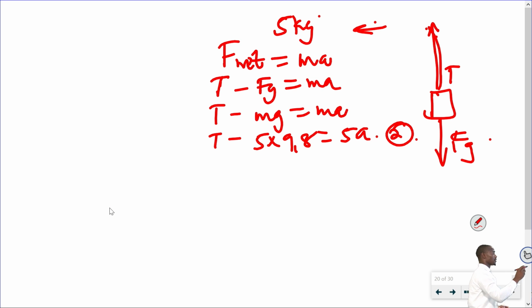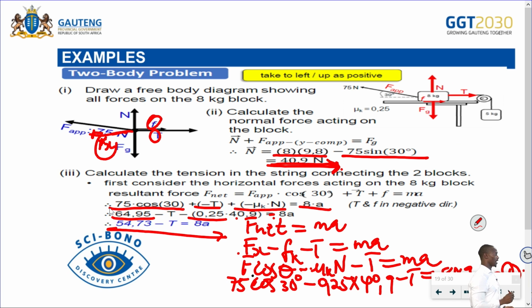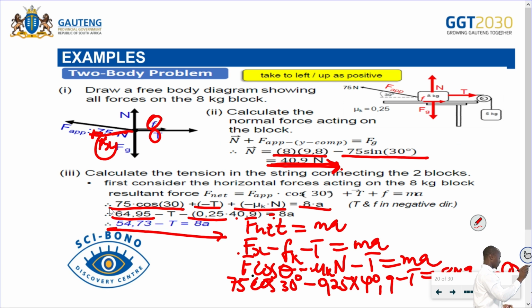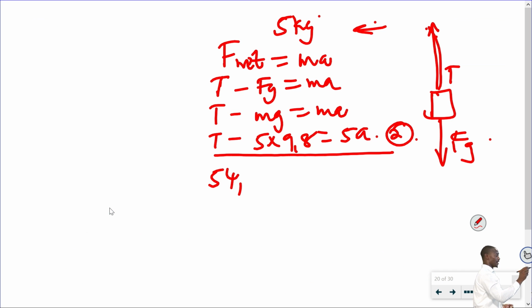So let's do this. So for the 5 kilogram, I'm having this. Okay? And then for the other one, I'm having 54.7 minus t equals 8a. So it's 54.73, right?